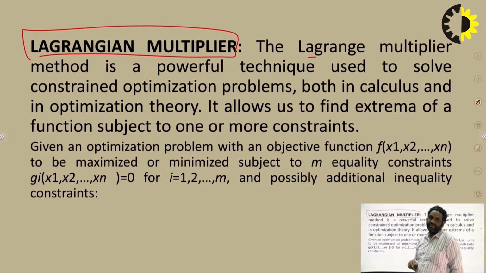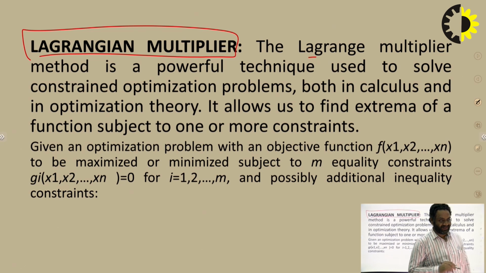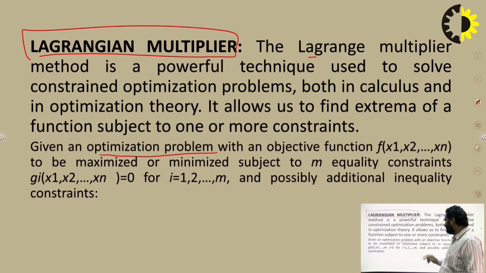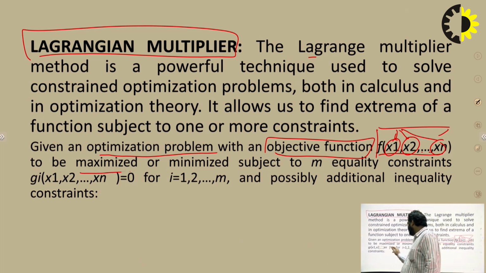So again we need to find the optimal solution of a given problem having a number of constraints, just like this one. Suppose we are given an optimization problem with an objective function. So this is our objective function f having a number of variables x1, x2 up to xn. So we have n variables and we need to maximize or minimize.